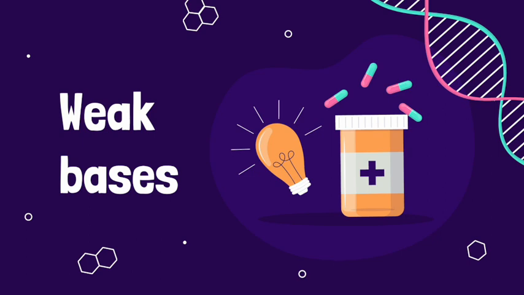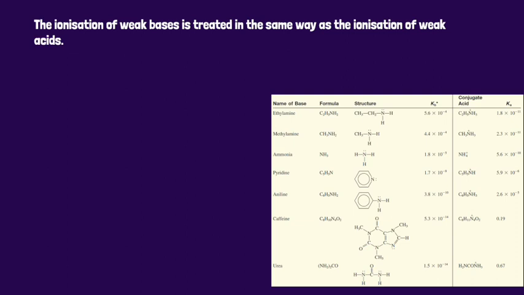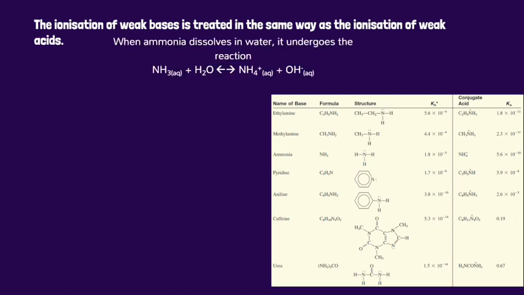Let's focus on weak bases. There's nothing different about how we're going to deal with weak bases as compared to weak acids. The concept is the same: the ionization of strong bases, or their dissociation, is 100%, but the ionization of weak bases is very small or partial.